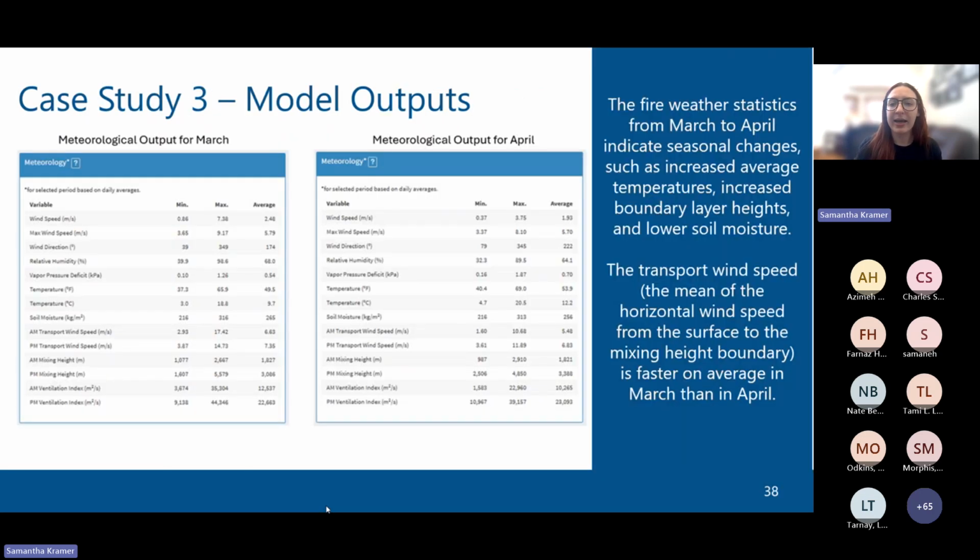So if we compare our meteorology, we can look at what the typical fire weather conditions are for March and April. And there are some seasonal changes in the weather between March and April, specifically in the temperature, the boundary layer heights, and the lower soil moisture.